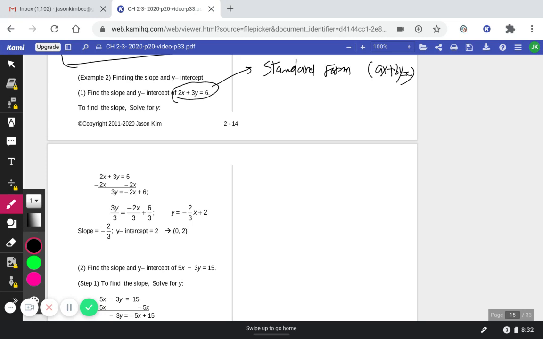Standard form is that x and y are on the left side of the equal sign and the number is on the right side. Then that format we call standard form.